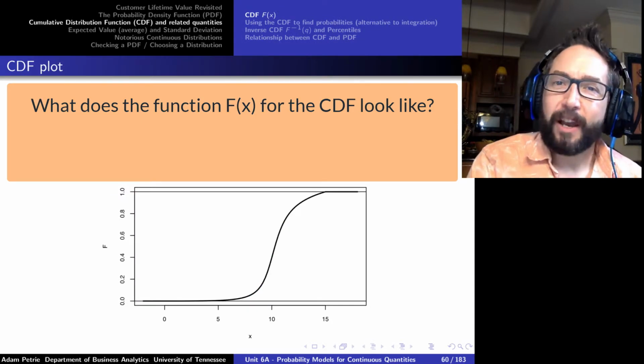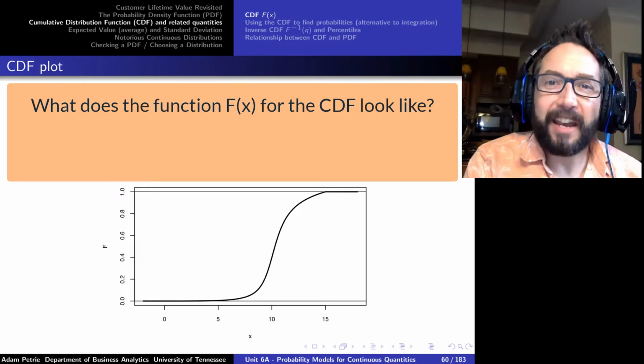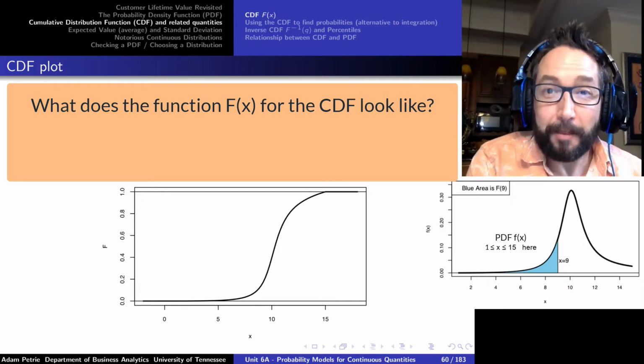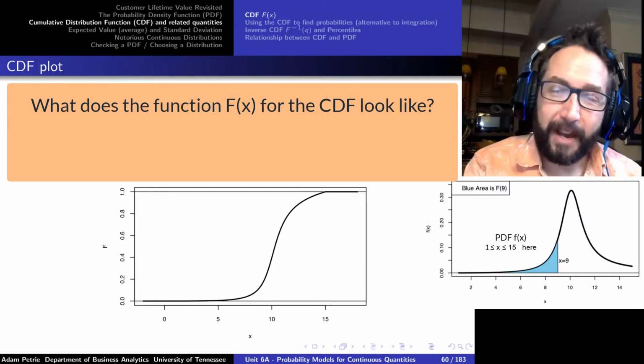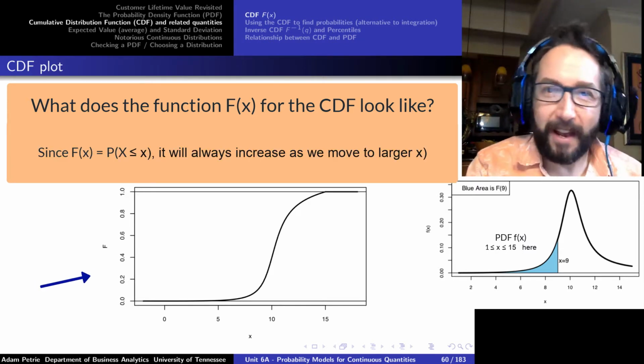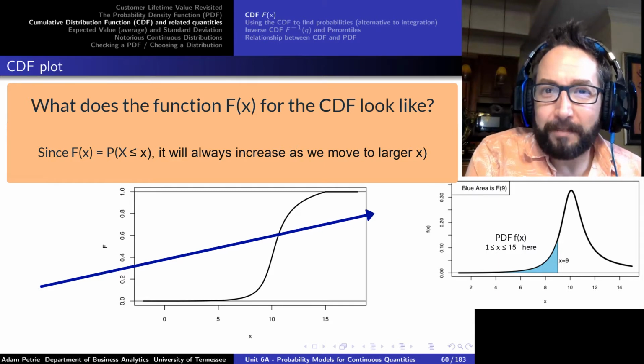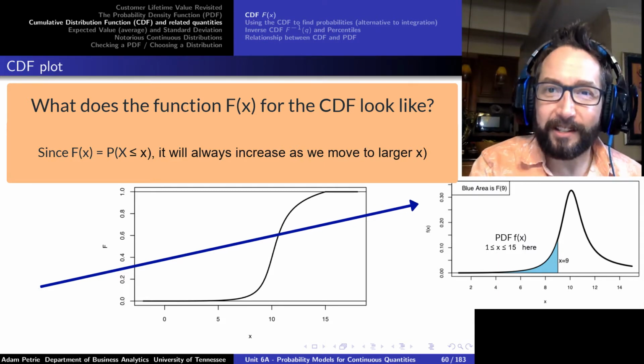So graphically, what does this CDF, capital F, look like? It's going to be a plot of the probability of observing at most a value of little x as we vary that value of little x over all its possible values. And so it's going to resemble something that usually looks like an S-curve.